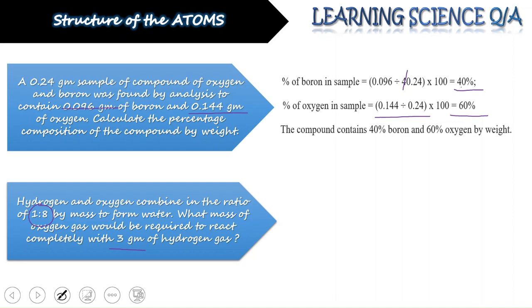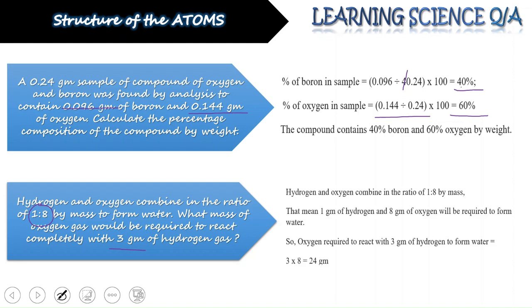Now, 1 gram is utilizing 8 gram of oxygen. So, 3 gram will utilize 3 times the 8 gram. So, that would be simply 24 gram of oxygen required to completely utilize 3 gram of hydrogen.